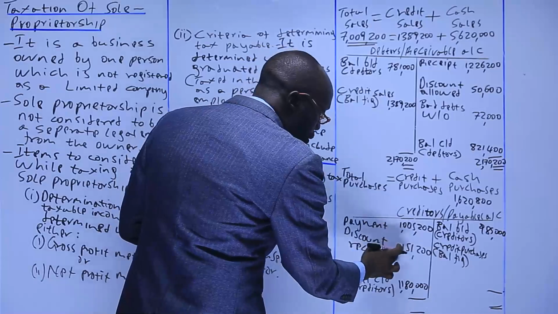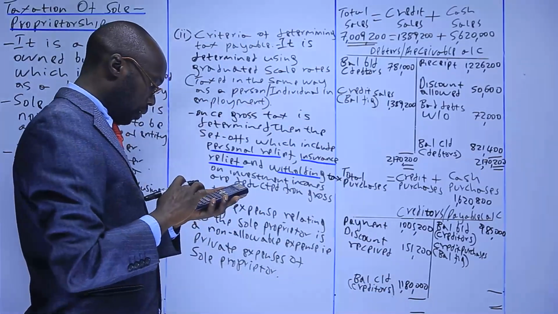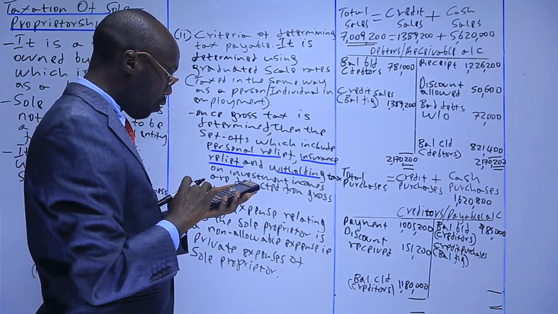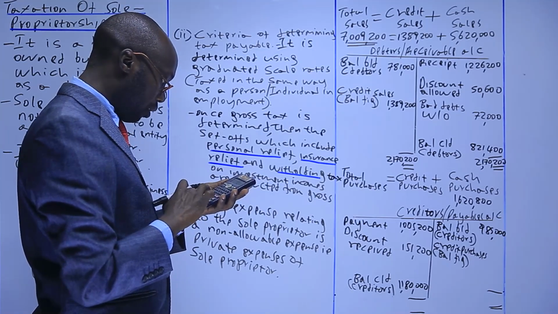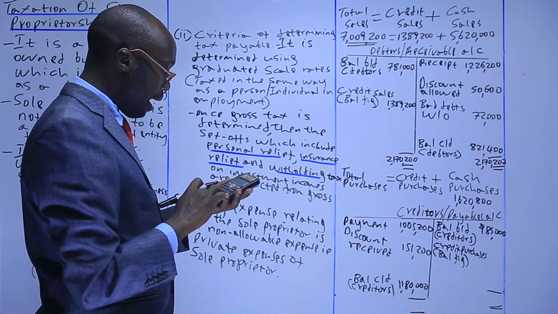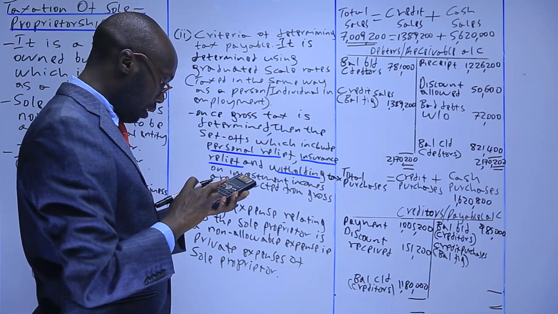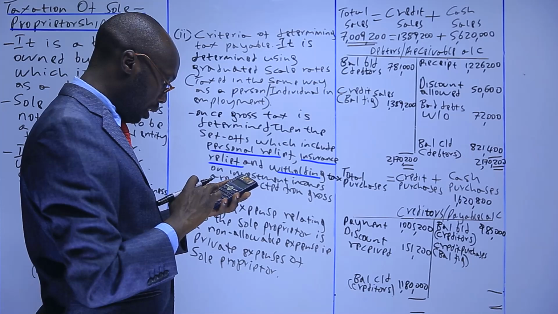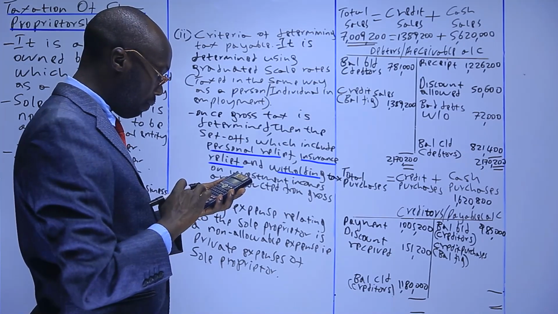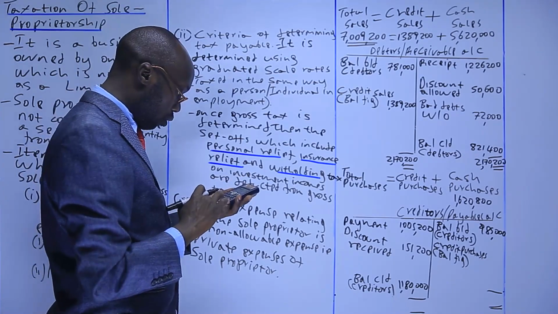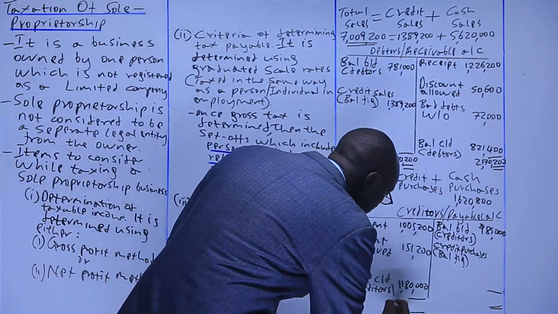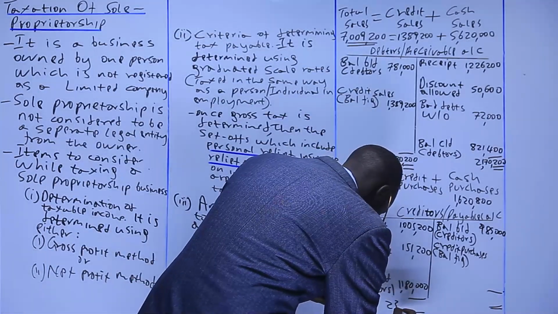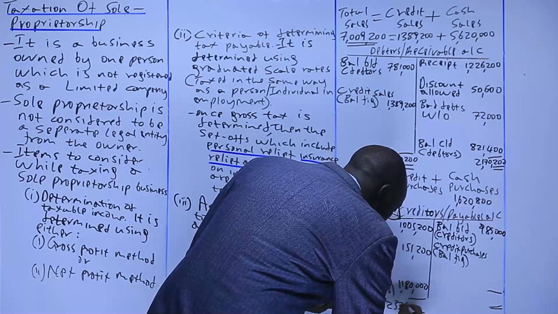We take the totals on this side, which is 1,005,200, and then we add 151,200, and then we add 1,180,000, and then total, which is 2,336,400.